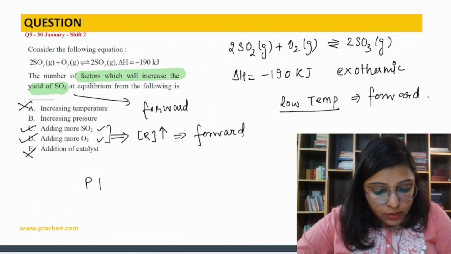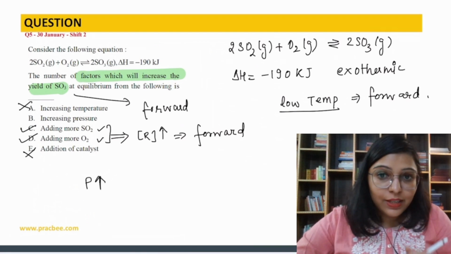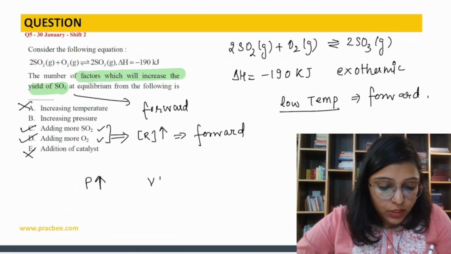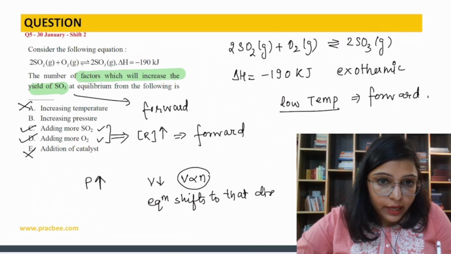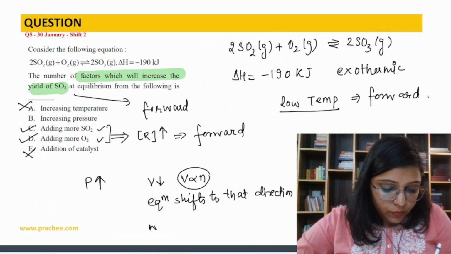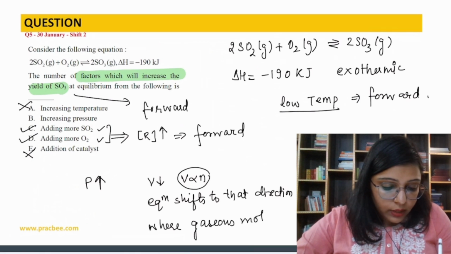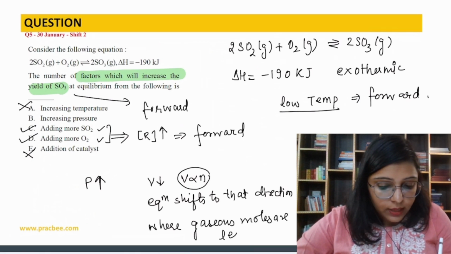Now we have to check for increasing pressure. So beta, if you increase pressure, what is the trick I told you? If you increase the pressure, then volume decreases. And we know that volume is directly proportional to number of moles. Then equilibrium shifts to that direction where gaseous moles are less.